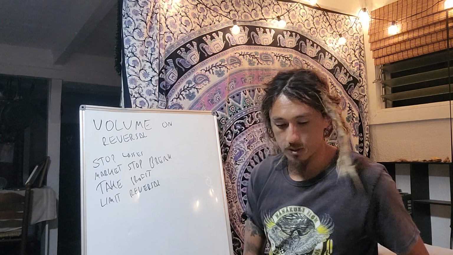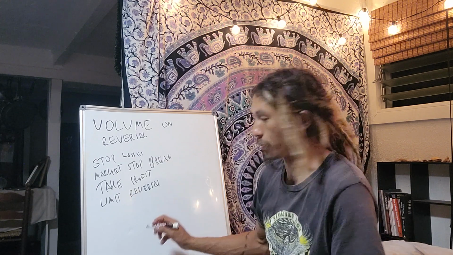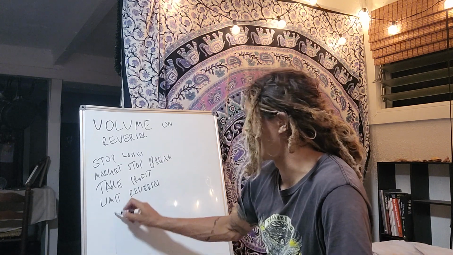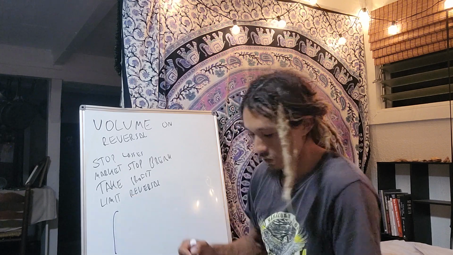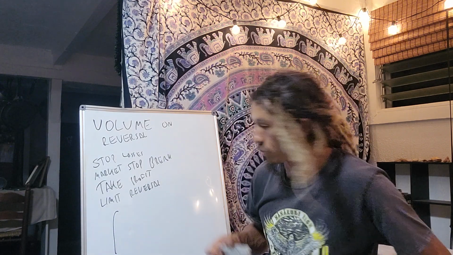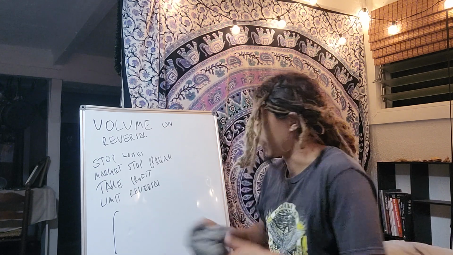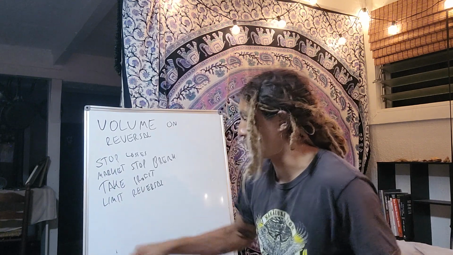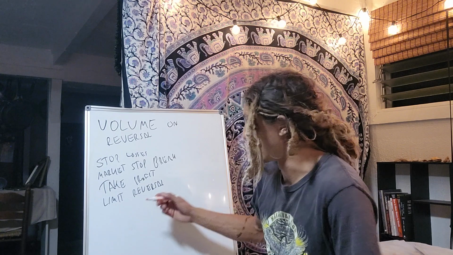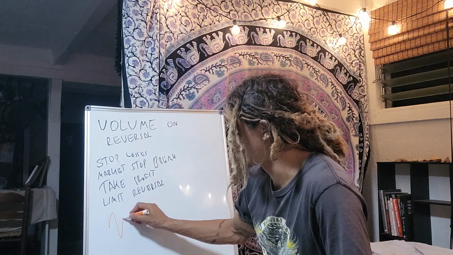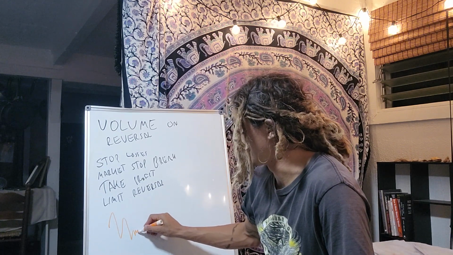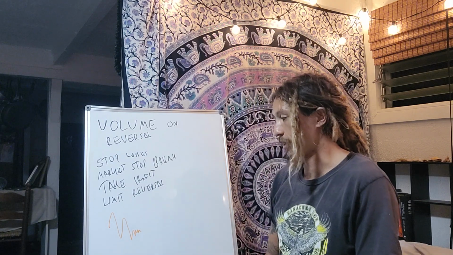So let's draw just a price chart. Okay, so say we have, let's use a different color. I'm going to use orange. Okay, let's give an example now. So we start a bear trend. We come into a consolidation area, right?